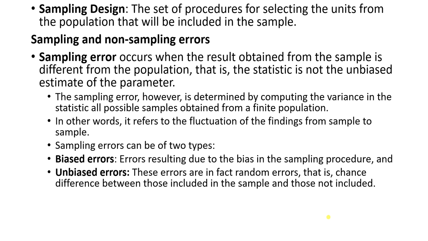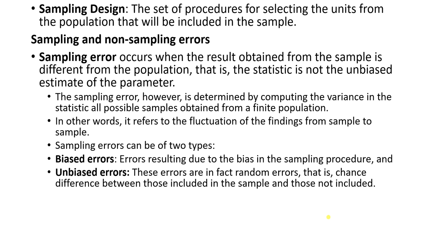However, there are ways to determine the sampling error, and the most common simple way is computing the variance in the observed statistic of all possible samples that can be drawn from a given finite population of a given size.